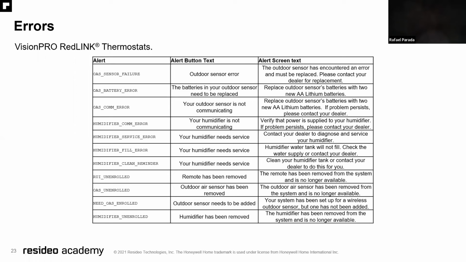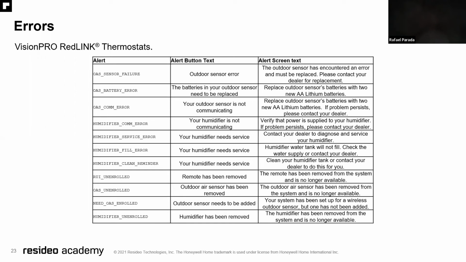We need to review that everything is properly wired and configured. The humidifier will send a signal that service is required for the humidifier, or that we have an issue with the water tank and we need to check what is happening with the water tank. So this is pretty good for customers to know what is happening with their humidifier.